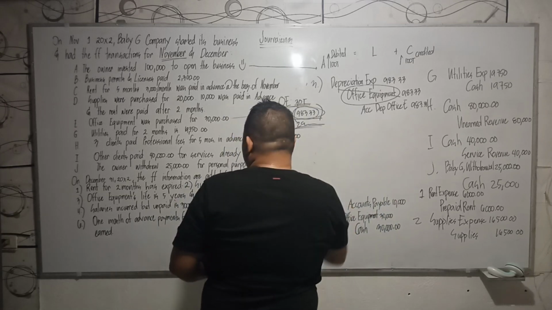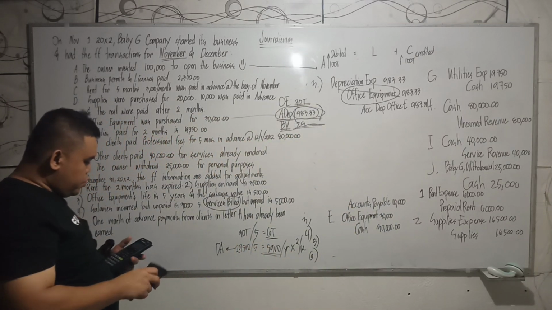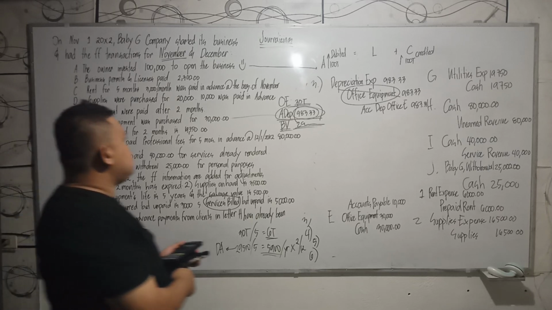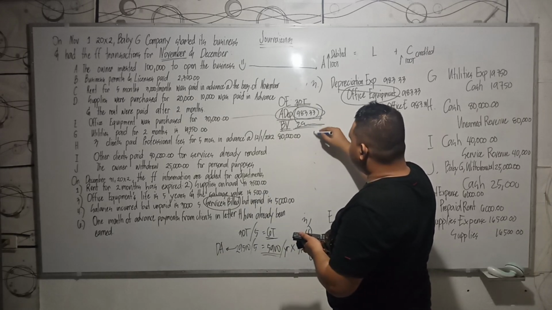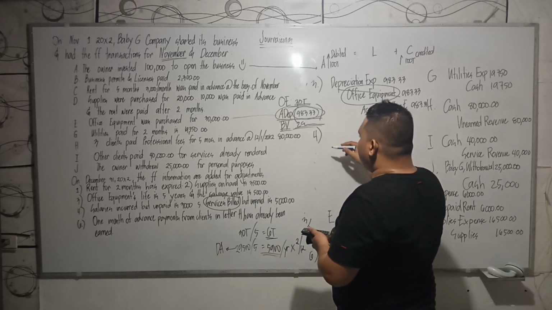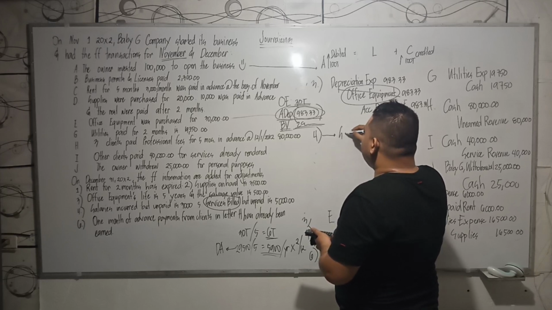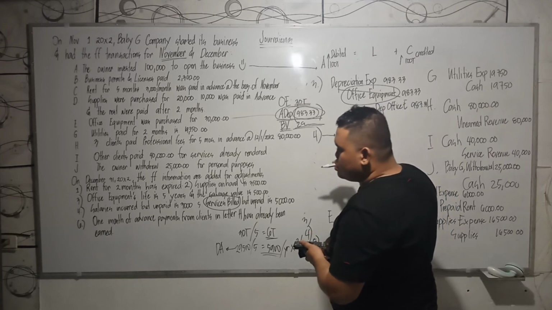On the number 4 entry, we have salaries incurred. That means your employees have already rendered their services, but you have not paid them. So what will happen is that even if you have not yet paid them, so long as you have already exhausted the benefits, you recognize that one as an expense. Salaries expense. How much?